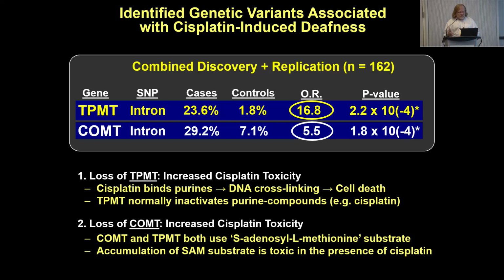It was causing cross-linking and cell death, and TPMT normally inactivates purine compounds like cisplatin. We thought that COMT and TPMT were using the S-adenosyl L-methionine substrate. You accumulate this substrate and it's toxic in the presence of cisplatin. That was our posited work in 2009 in Nature Genetics.